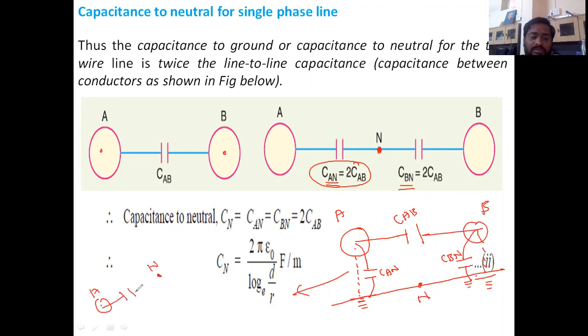Then the capacitance between conductor A and neutral is CAN, and similarly the capacitance between neutral and B is CBN, and these capacitances, conductor A to N and conductor B to N, are always double the capacitance of both the conductors. That is double the CAB, or the value is always double the capacitance between the two conductors in the air gap.